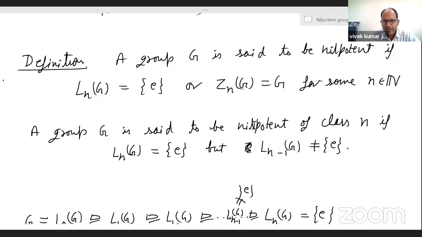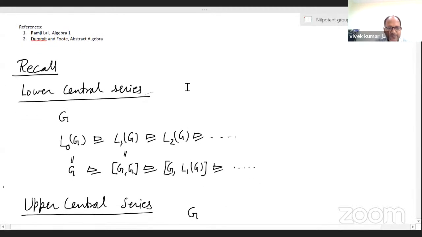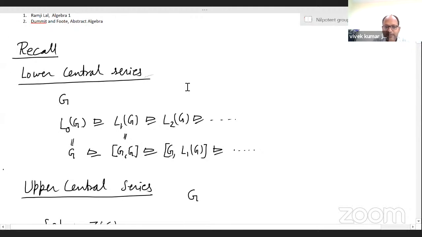So let me recall what we have done quickly and then we will proceed. Yesterday we defined the lower central series L0G, L1G, L2G and so on. L0G is G, L1G is the commutator subgroup, and L2G is the commutator of G and L1G.